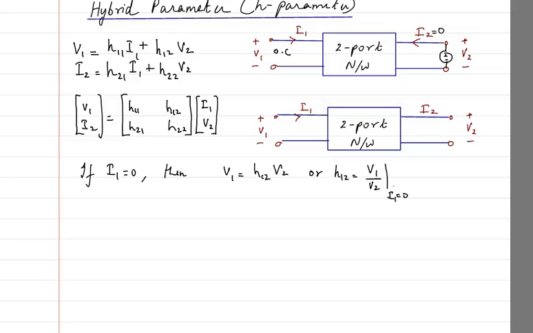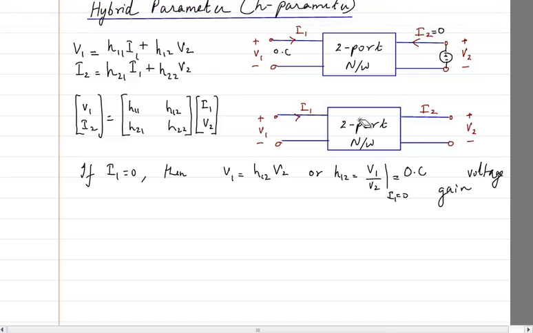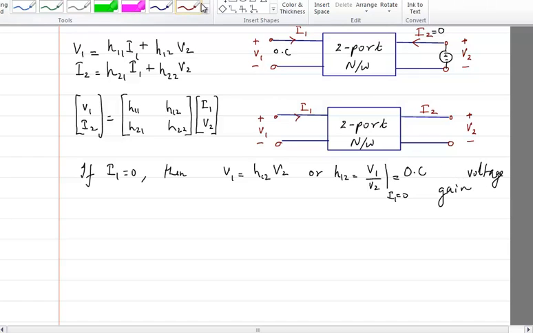Since we are taking it as open circuit, this is called the open circuit reverse voltage gain.